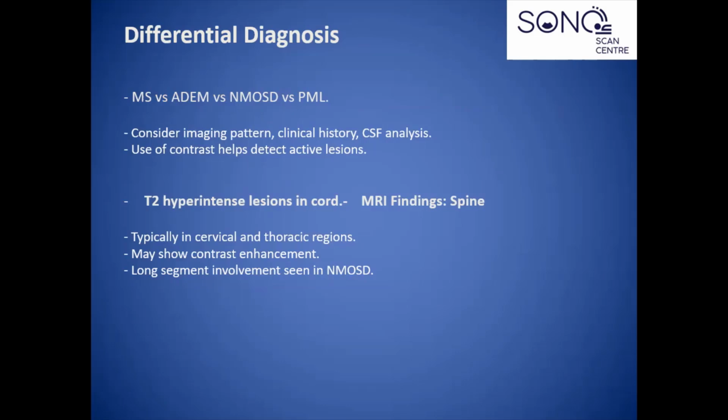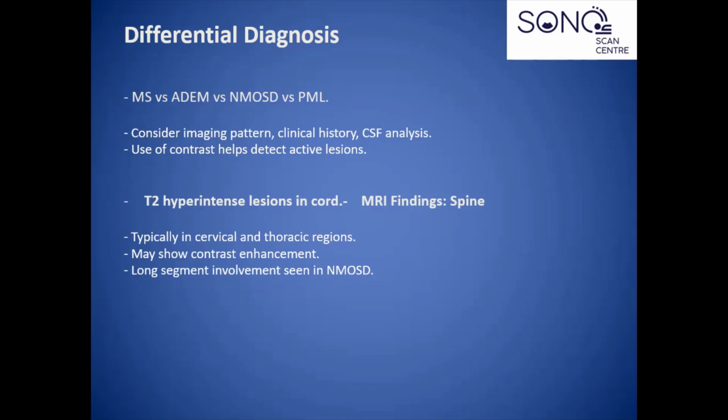So what are the most common differential diagnoses? Only that we will discuss here. Multiple sclerosis, acute disseminated encephalomyelitis, neuromyelitis optica spectrum disease, and progressive multifocal leukoencephalopathy. Considering the imaging pattern, the good clinical history, and CSF analysis, we can narrow down the differential diagnoses with the help of radiology.